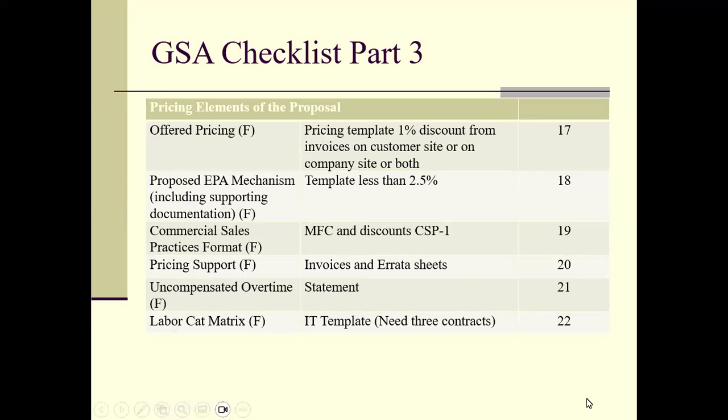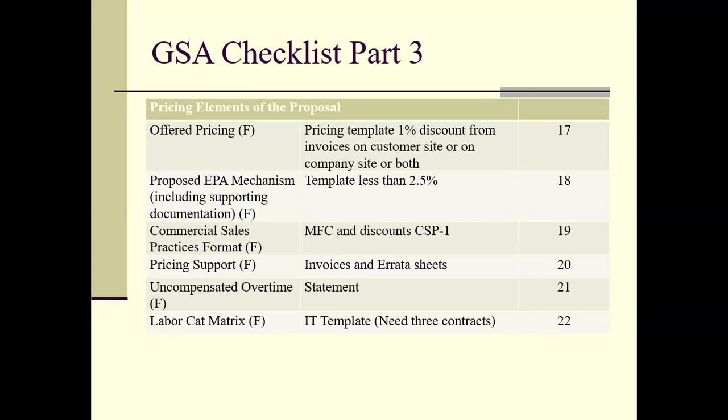Okay. So now we're getting into the pricing, and this is where most people have the most difficulty. So you have to basically develop your pricing, and you have to give GSA and the government the best price.